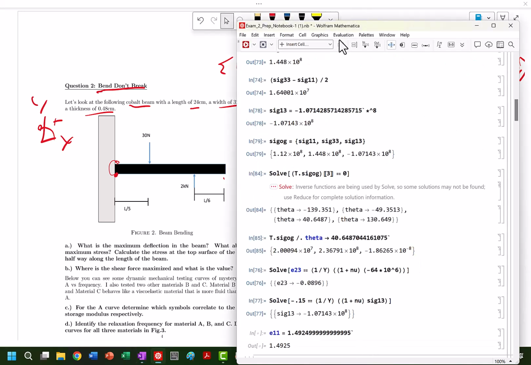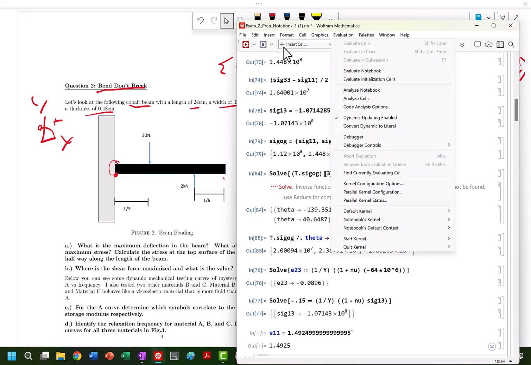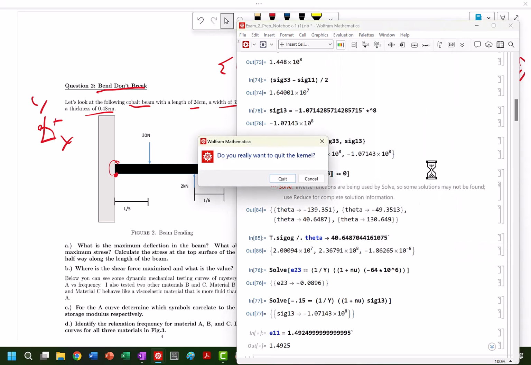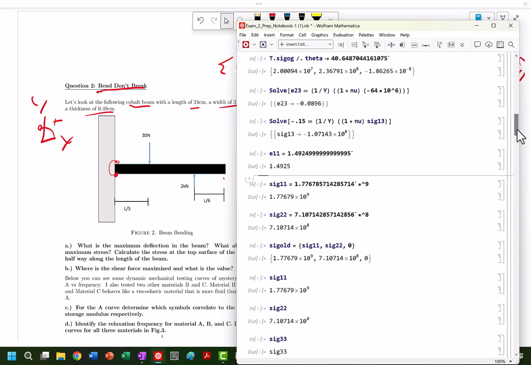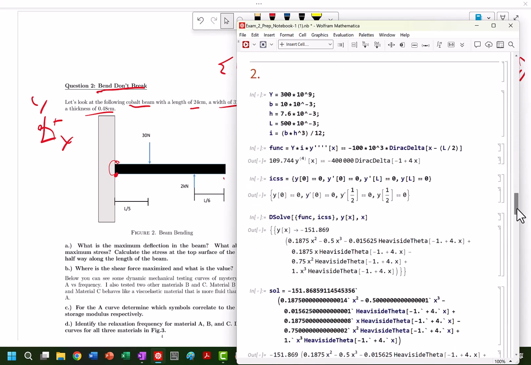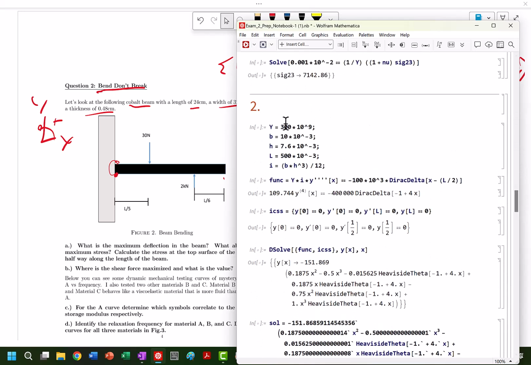So I'm going to quit my kernel. Oops, oh no, I pressed the wrong button. Okay, quit kernel. Let's go down. So we have metal, so 100 gigapascals.